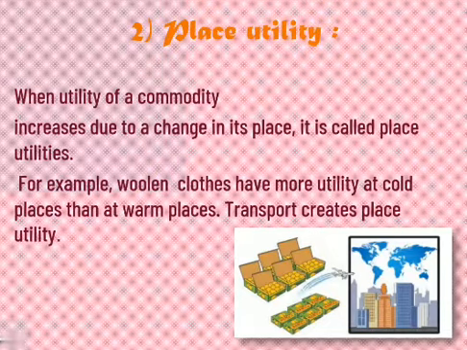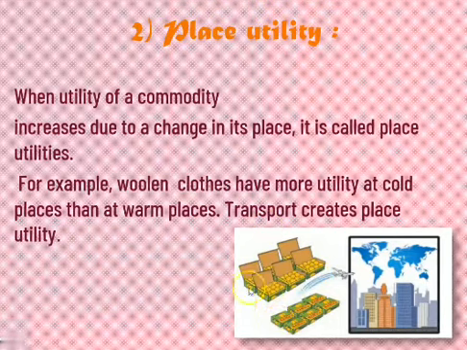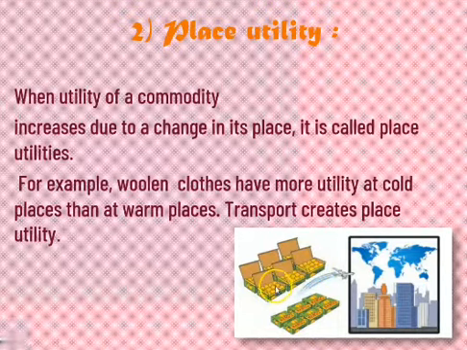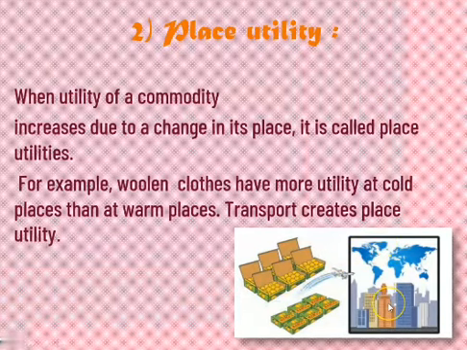So when the utility increases due to a change from one place to another place, that is called place utility. Here in this example, goods are manufactured and transported with the help of air transport, roadways or railways to different places. Therefore its utility increases. That is called place utility.